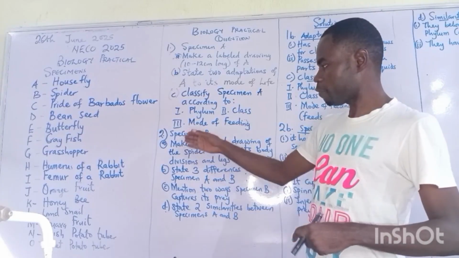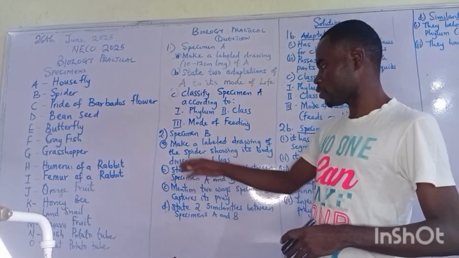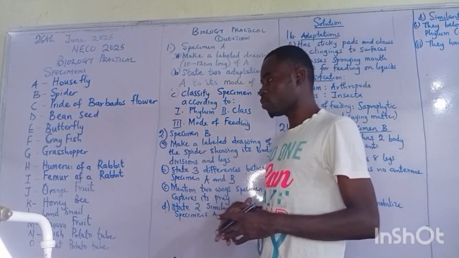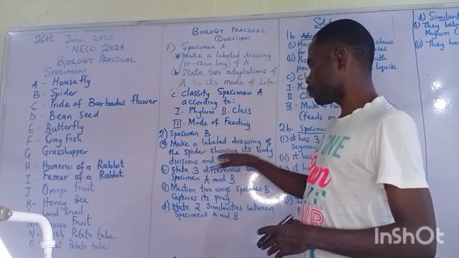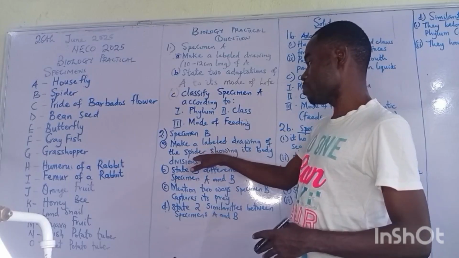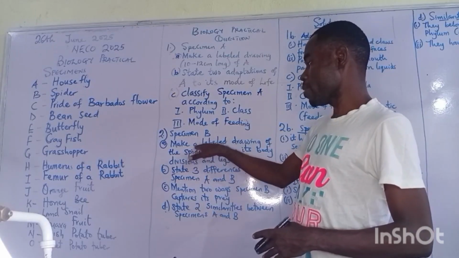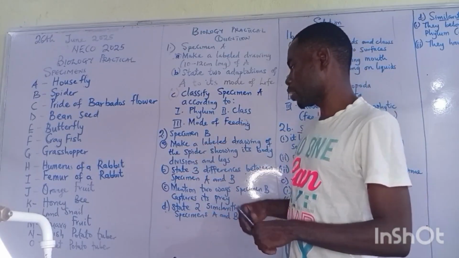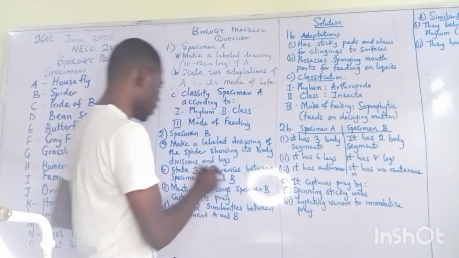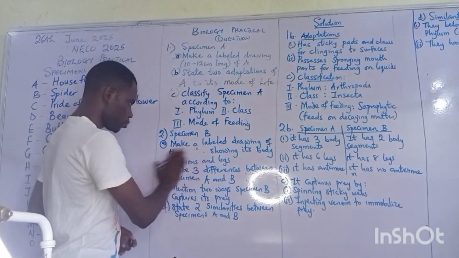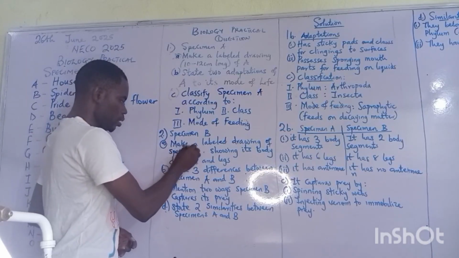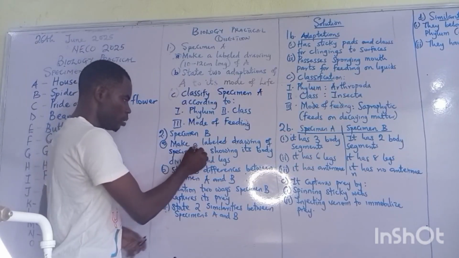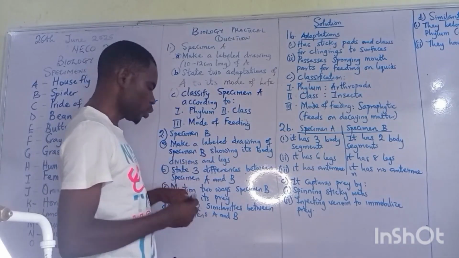So let's follow the question they asked. The first question they will ask you about specimen B, which is spider, is to make a labeled drawing of it. They won't mention the name for you. They say make a labeled drawing of specimen B showing its body division and legs.